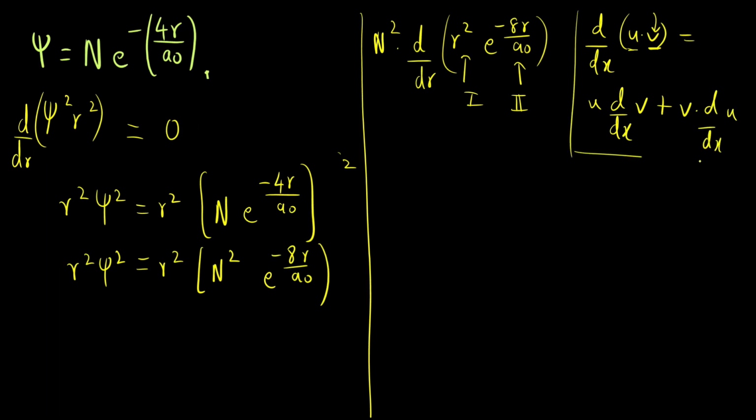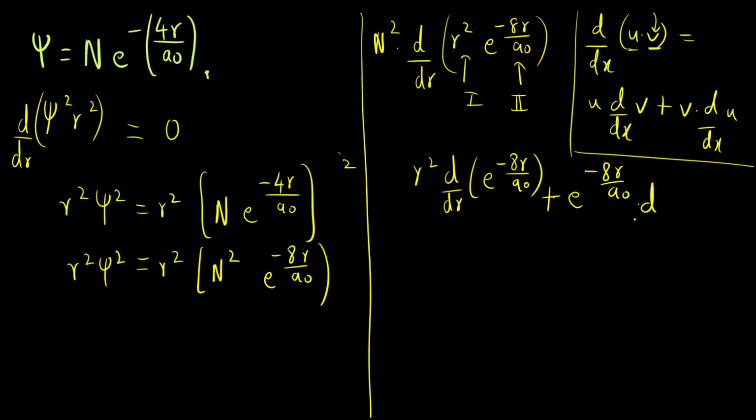So first we keep r square constant into d by dr of e raised to minus 8r by a naught, plus e raised to minus 8r by a naught into d by dr of r square, equal to 0. N square is constant.